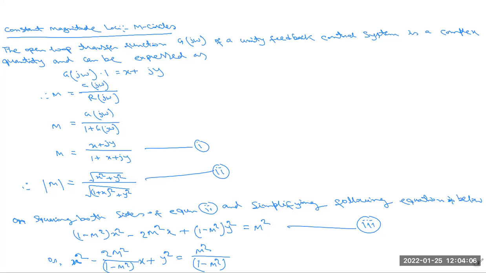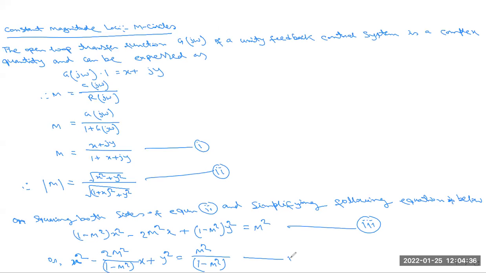We have to go to the next page. Adding M square by 1 minus M square, this one, to both sides of the equation. We give the equation number, this is equation number 4.